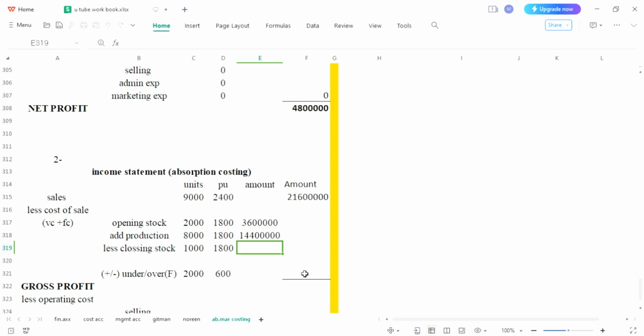We have got our cost, and then finally cost of closing stock, units 1000 multiplied by per unit 1800. In this way we have got our closing stock, and then under applied units are 2000 multiplied by per unit 600. All costs have been calculated. Total cost we are ready to mention.